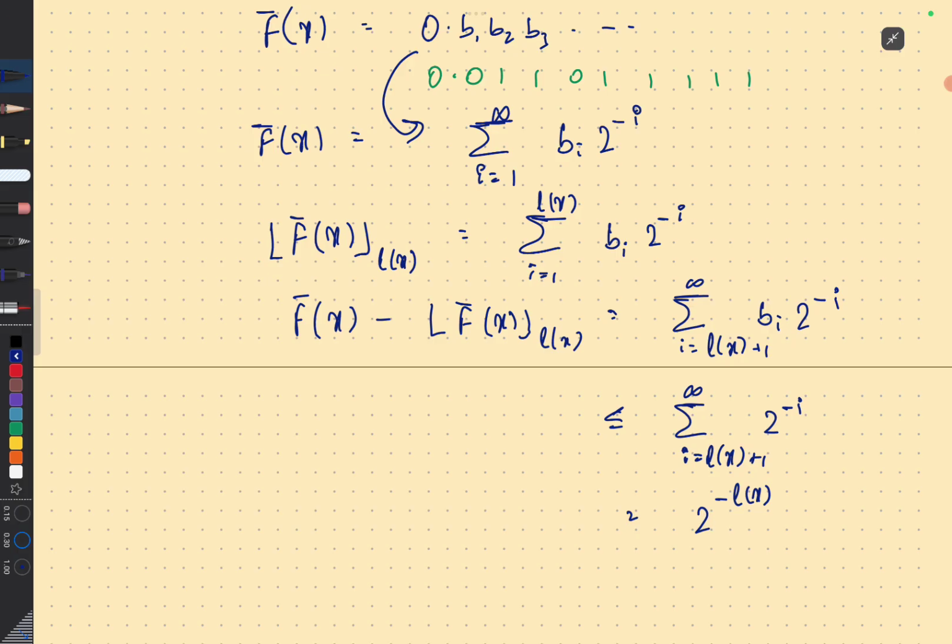So this quantity is greater than or equal to p of x by 2, because the ceiling of log 1 over p of x is less than or equal to log 1 over p of x plus 1, so the whole thing is greater than or equal to 1 over 2 to the log p of x plus 1.